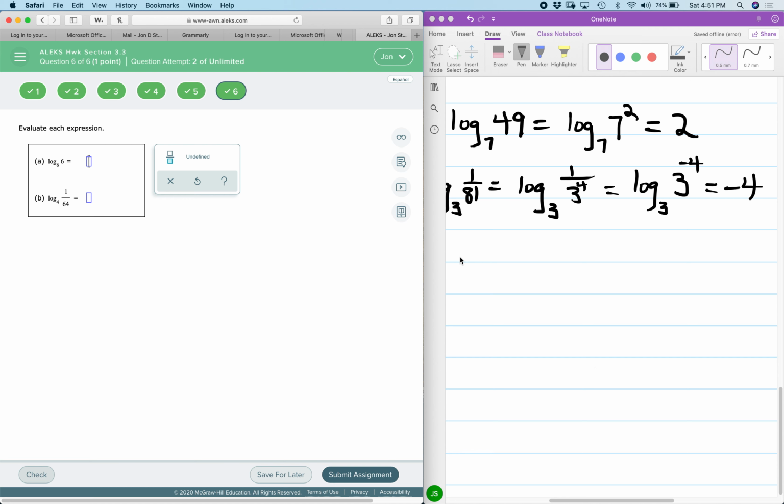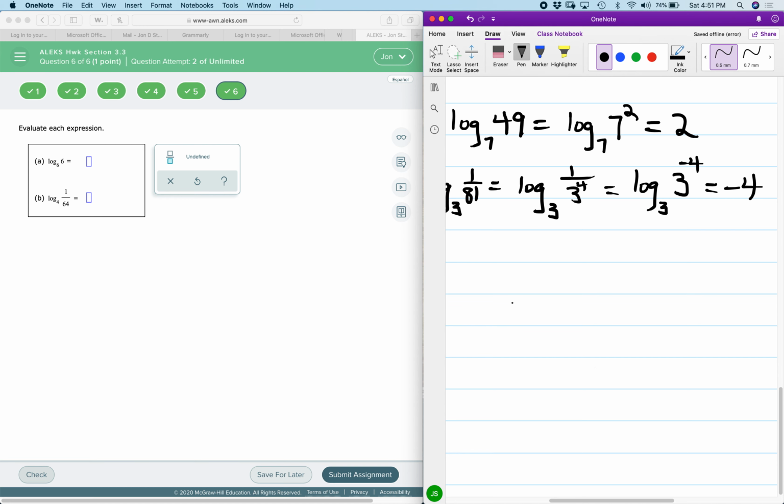In number 6, looking at reducing, we have the base 6 logarithm of 6. There is no explicit power given, but you can read this as the base 6 logarithm of 6 to the first, where the 6's cancel, and the result is 1.